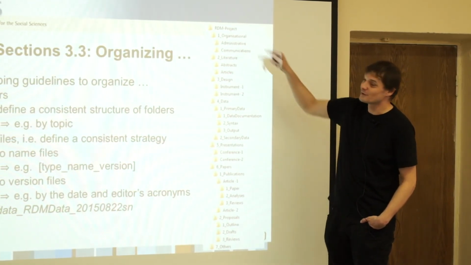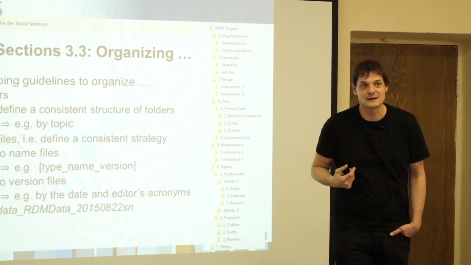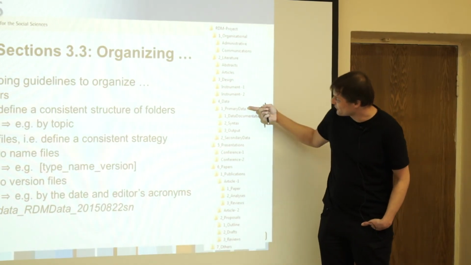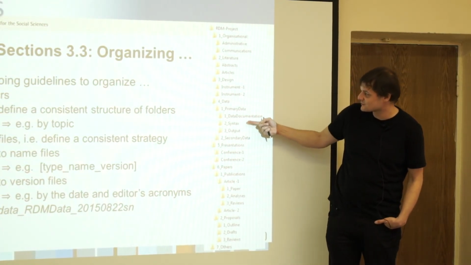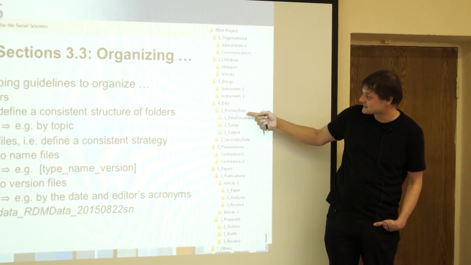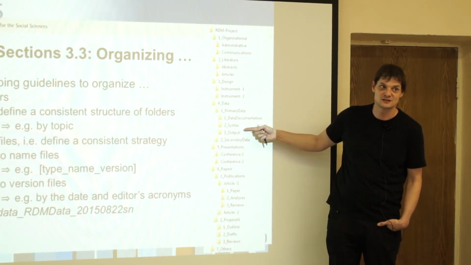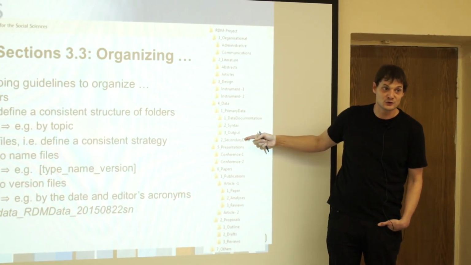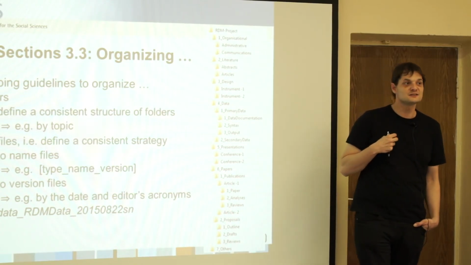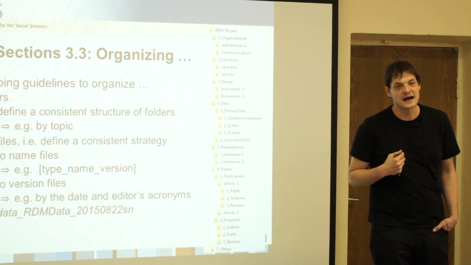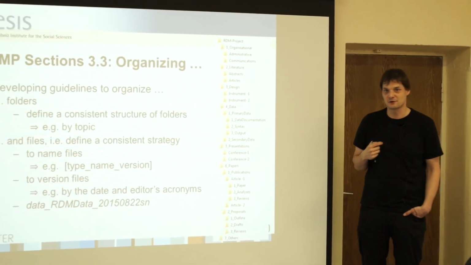Within these folders you have subfolders, for example referring to primary data and secondary data, and within the primary data subfolder, subfolders referring to data documentation, to syntax, to the output of the raw data to check the quality, and so on. So this is just an idea of how you might structure the folders in a project.